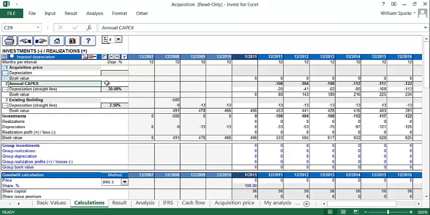Okay, and then the second row, annual capex, gives a clue what it's about. So the normal investment level planned for the future, like 100,000 annually with 4% growth. So that's what we forecasted, that business as usual requires investments.